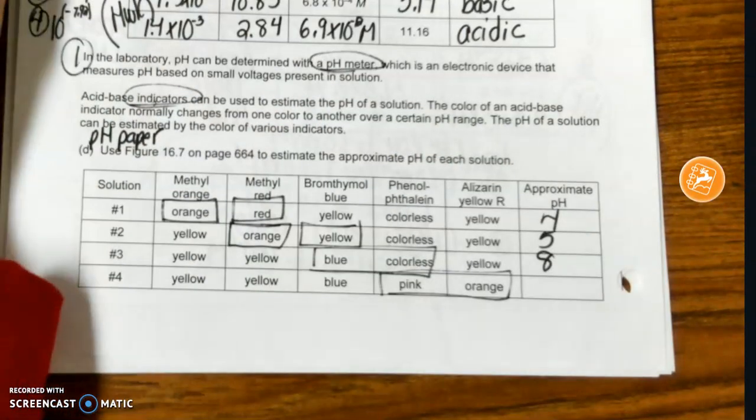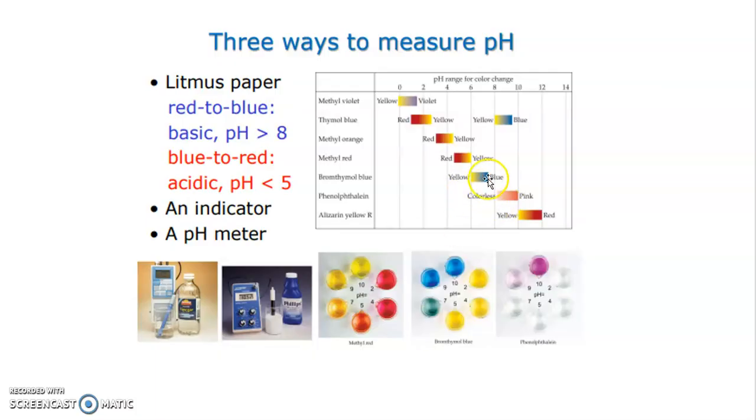And then last but not least, you can see how combining these indicators is important, because if I just say blue, it's going to be blue from here on out. So I need another indicator to come from this end. So we're coming one indicator from this end, one indicator from this end. So let's look at the next one. Phenolphthalein turns pink. Now it's going to be pink all the way out here.